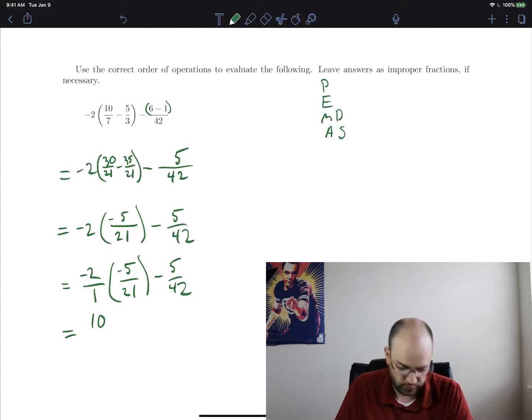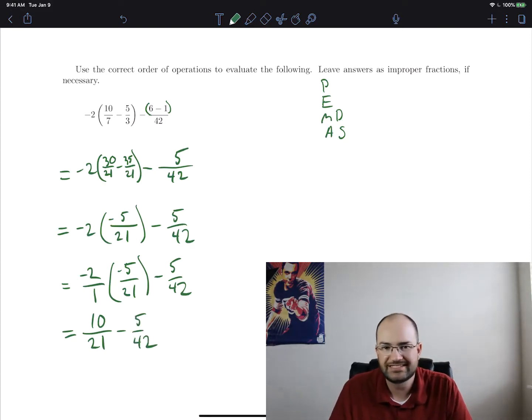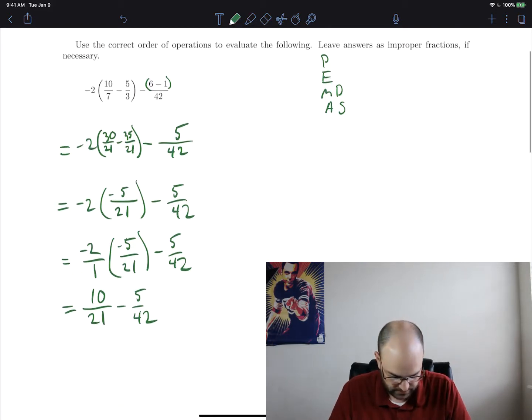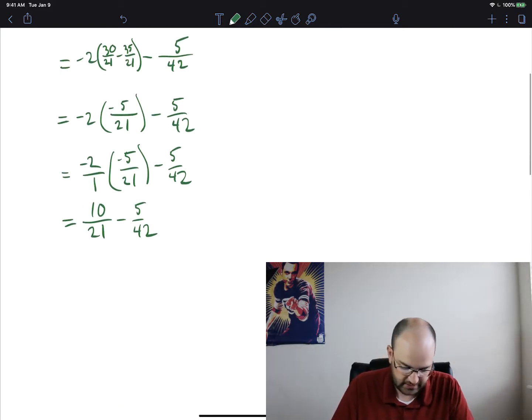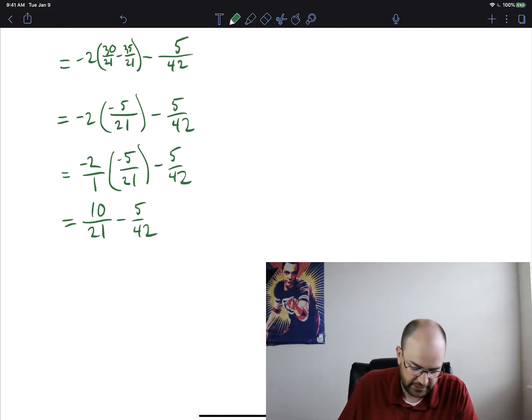And then 1 times 21 is 21. So what we're left with is 10 over 21 minus 5 over 42. Notice that a denominator of 42 is the common denominator here.